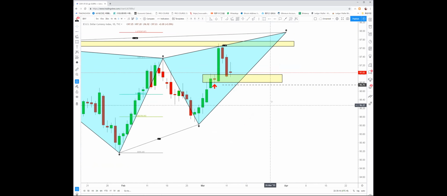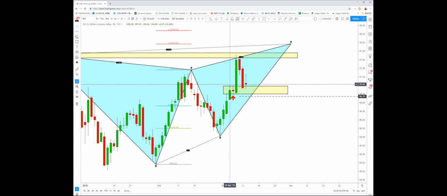If this is what we call a rally-base-rally, and it retraces to the basement of this strong green candle, it's actually similar to a structure break and retest. Are you clear?